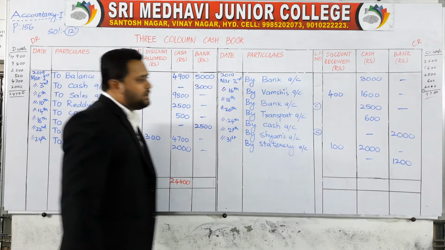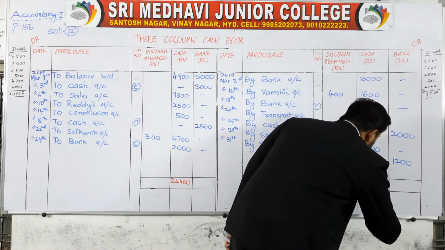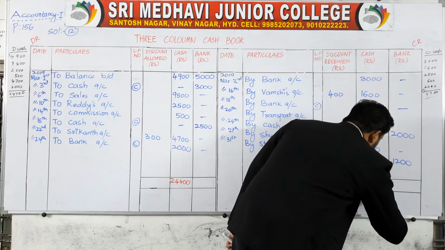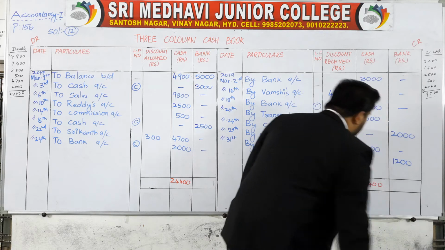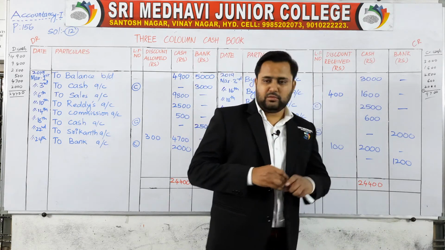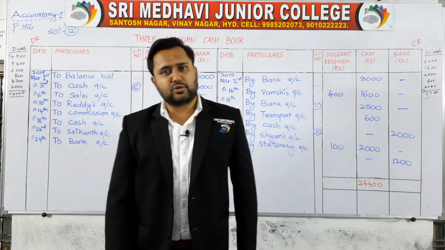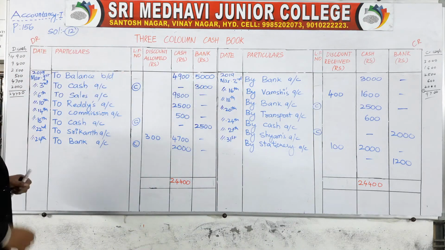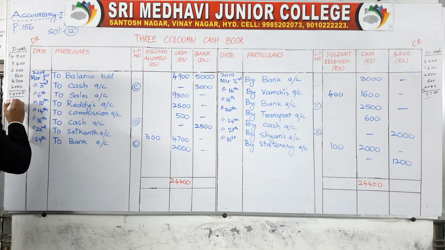Here on debit side cash, right here also 24,400. Now from the highest value minus the lowest value, what is the highest value? 24,400. Out of this 24,400 minus 9,700.